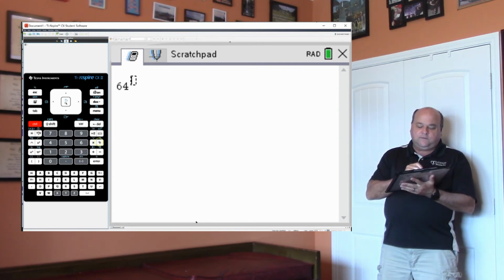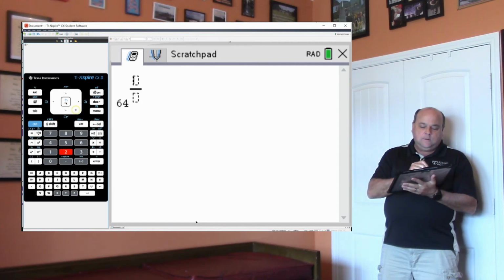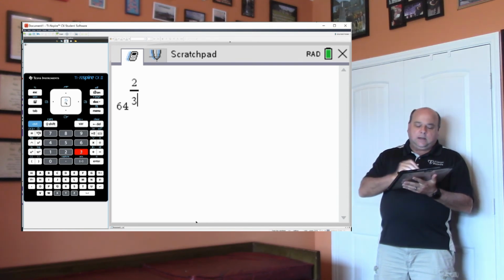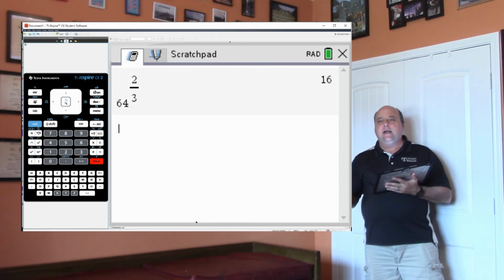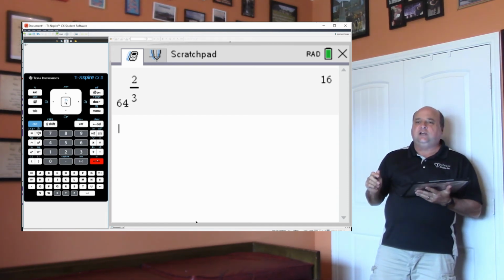Then hit control divide. That gives you a fraction. Then type 2, and then hit the down button 3. Now I have 64 to the 2/3 power, don't I? Hit enter and boom, you got your answer, okay? It's all you have to do. You just got to know how to put that fractional exponent in.